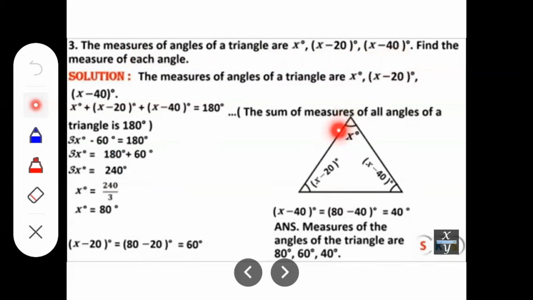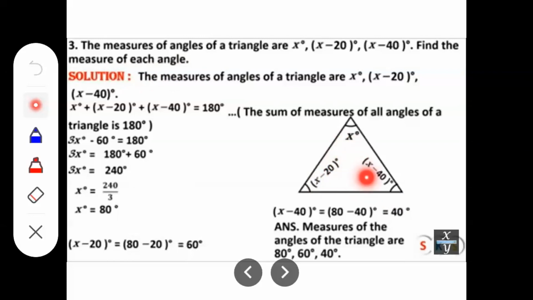So basically you have to draw a triangle, and the measurements of the three angles are given. Now what we have to find? Find the measure of each angle, the perfect measurement. The values are given in x form.